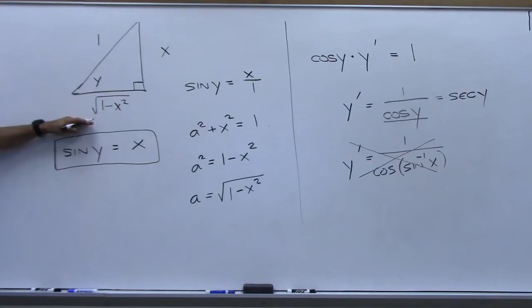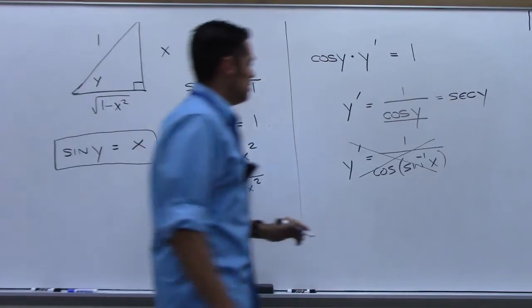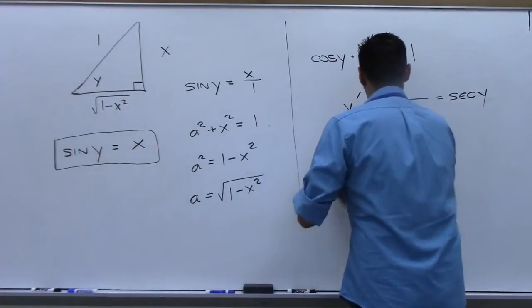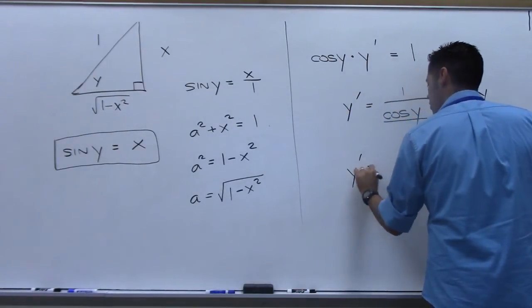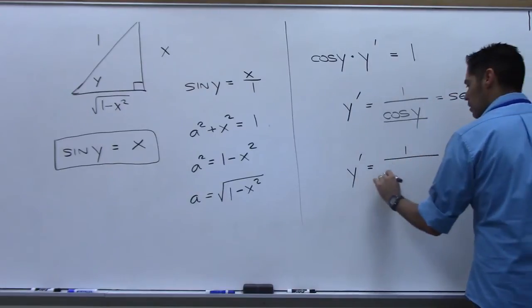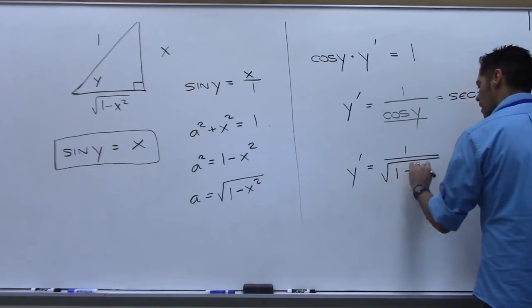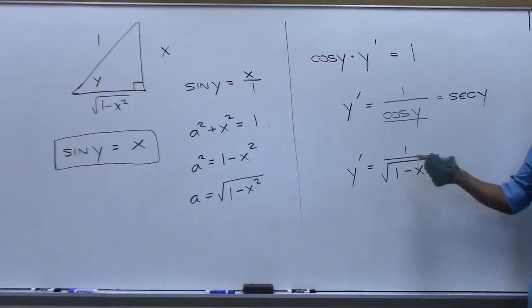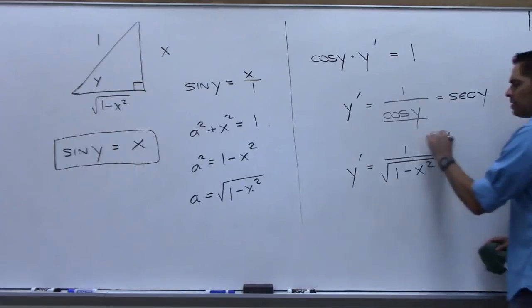Hypotenuse over adjacent is secant. Yes? Okay, so our answer should be this over this. So y prime should be 1 over square root of 1 minus x squared, so long as the x was between -1 and 1. That's it. That's the derivative.